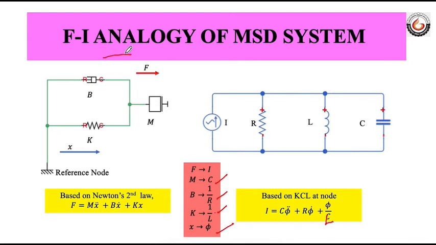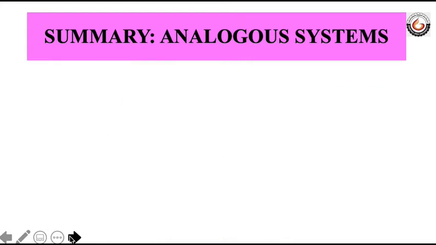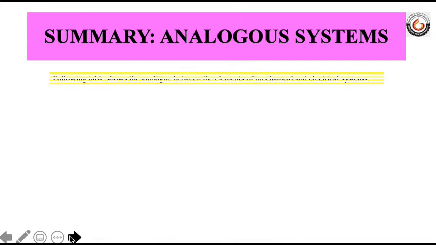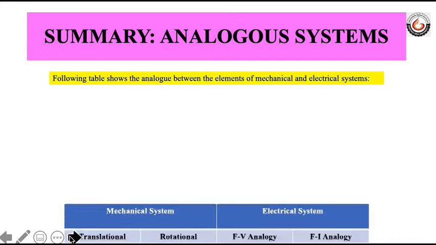So in the previous slide the mass element corresponded to inductor, now it corresponds to capacitor, and so on. To summarize, what we have done so far is to establish an analogy between mechanical system and electrical system: the force to voltage or force to current analogy.